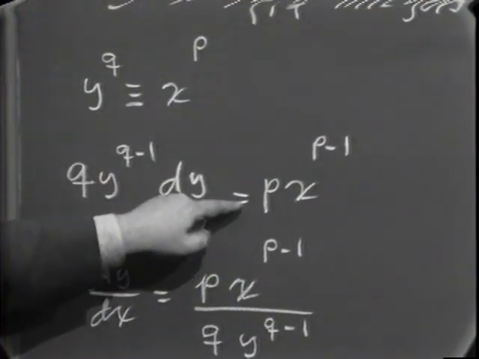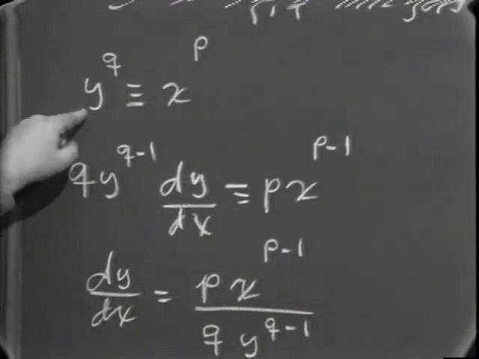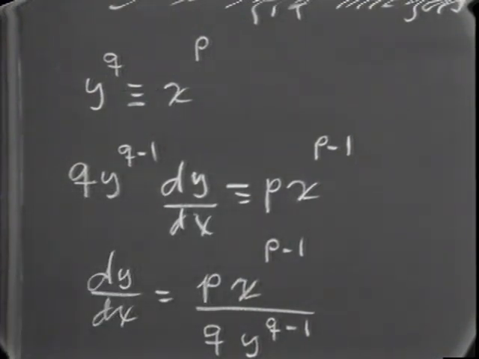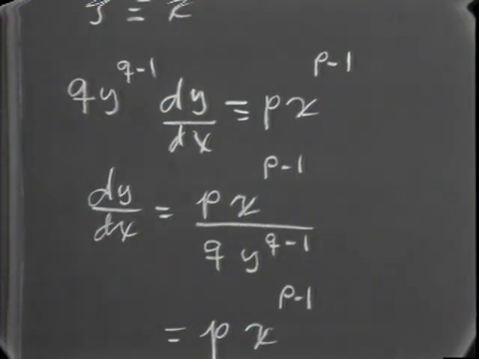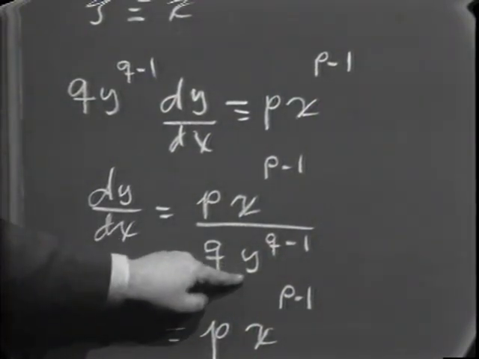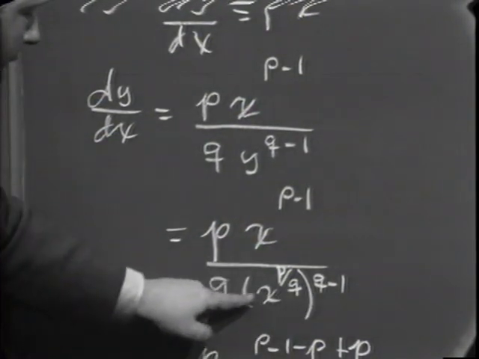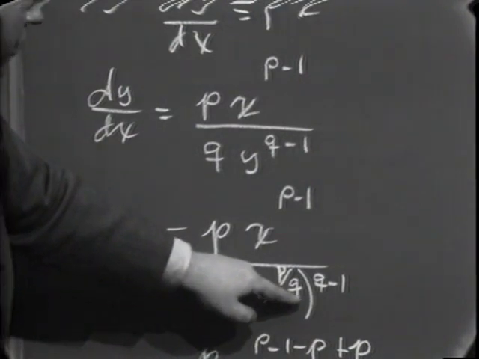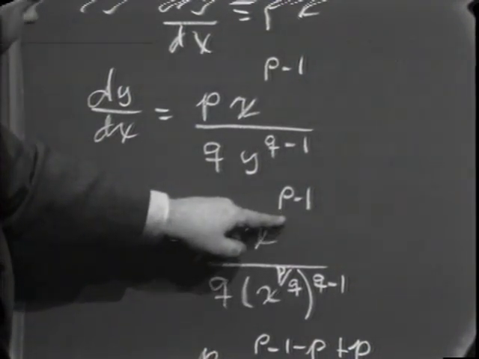And the derivative of the right-hand side is px to the p minus 1. And since this is an identity, these two expressions must be equal. If we solve now for dy dx, we obtain this expression, replacing y by x to the p over q and multiplying out here, and remembering that when you have an exponent in the denominator, it can come up into the numerator by changing the sign.